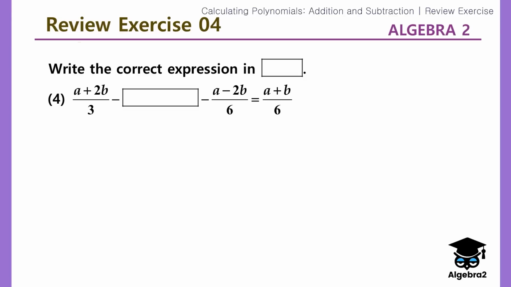Number 4. Just like the other problems, I'm going to let this empty space be a. And this time what I'm going to do is eliminate a on each side. So plus a, plus a. Then that's going to be (a + 2b)/3 minus (a - 2b)/6 is equal to (a + b)/6 plus a, right?